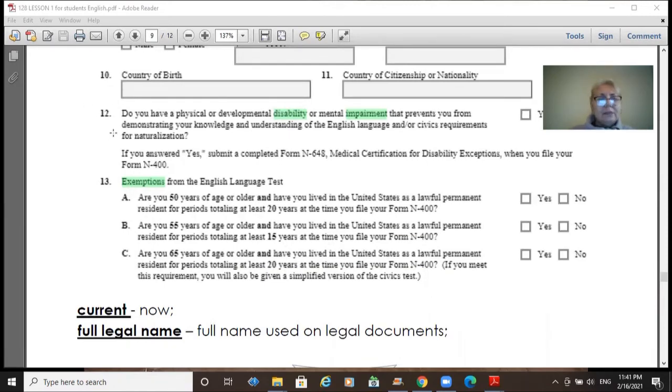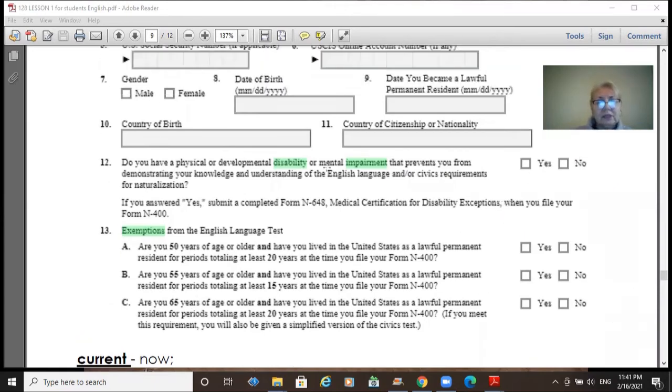So for item number 12, they may ask you, do you have any disabilities or mental impairments that we need to know about? So that's a yes or no question. Now, if you answered yes to this question, so you confirm that you have a disability or mental impairment, they will ask you to provide a form from your doctor.